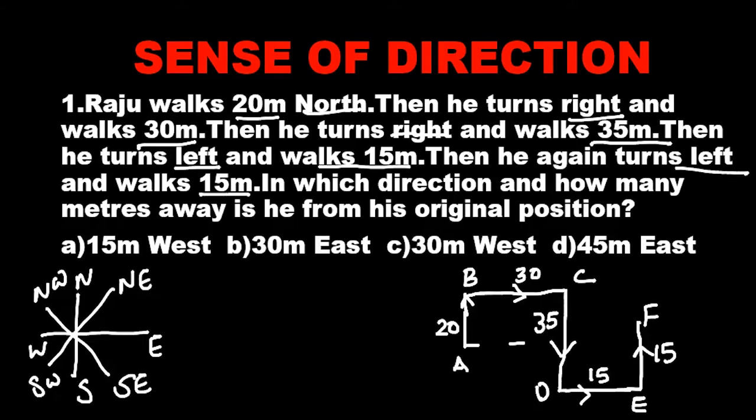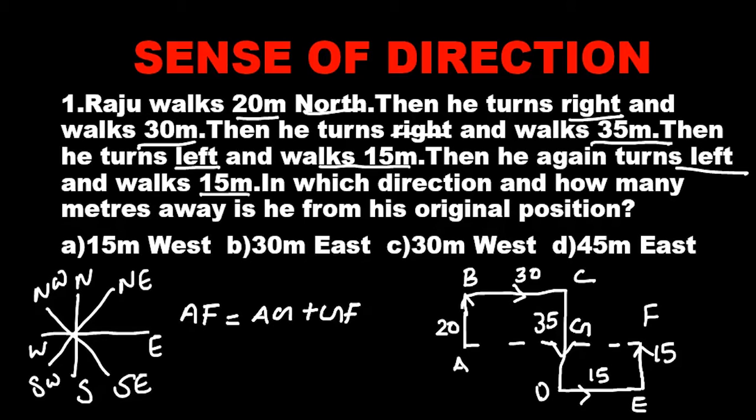So the initial point A, final point F. Let this point be G. Then AF is equal to AG plus GF.